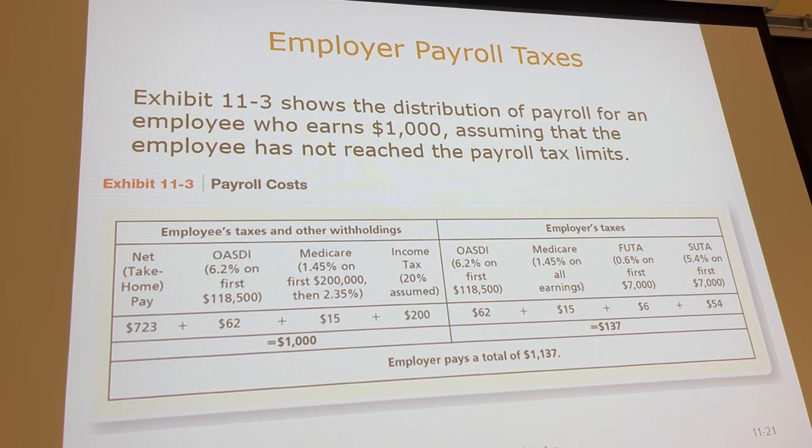So every state's going to be different as far as what the SUTA tax actually is. And again, if you're doing problems like this in my lab, they will always tell you what figures to use to compute the FUTA and SUTA taxes.